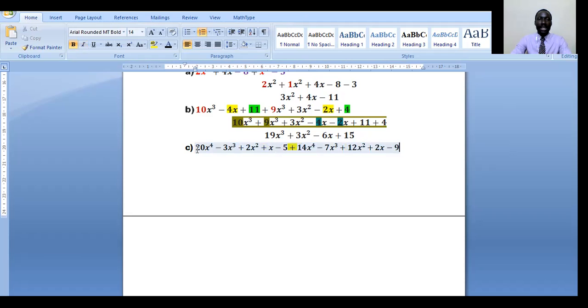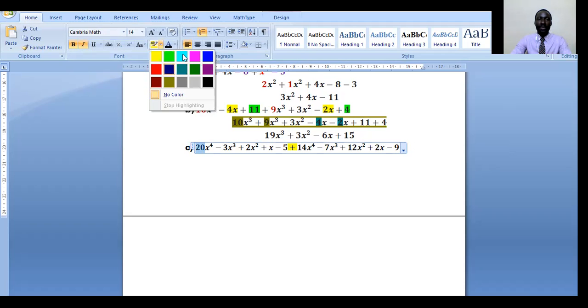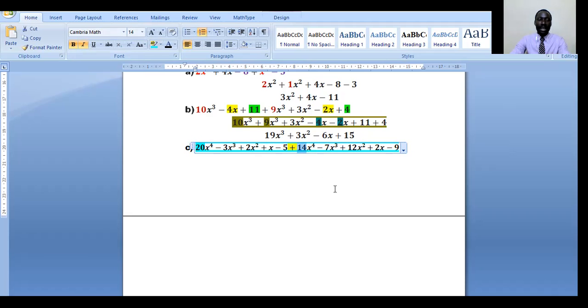So you see this 20 here, we have to group it together with this other 14. Why is that so? Because they all have x exponent 4 attached to them.